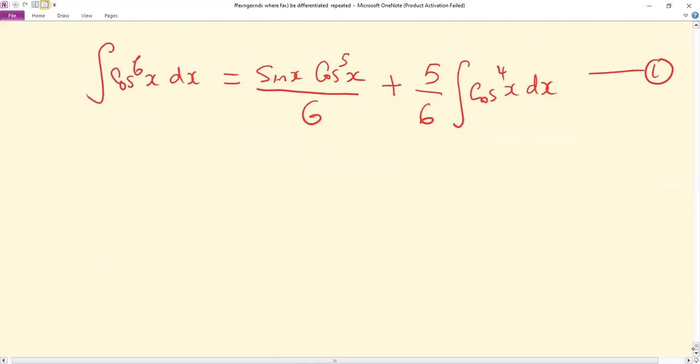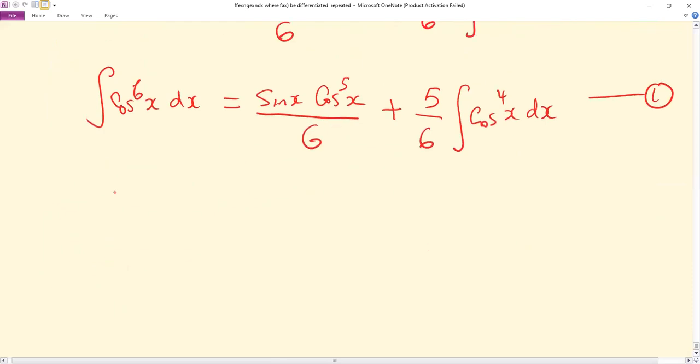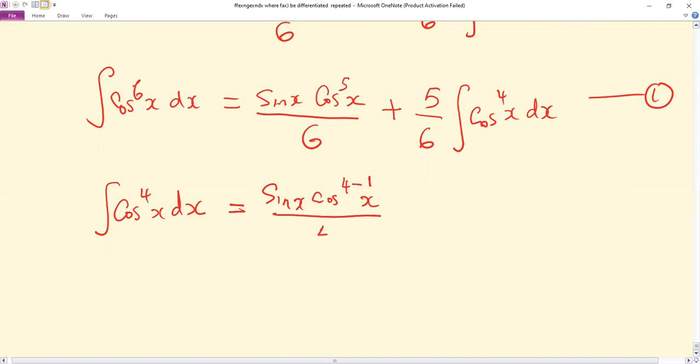We also use the formula to find the value of the integral of cos power 4 x dx. Now this means n is 4, so we'll have sine x cos 4 minus 1 x divided by n, which is 4, plus n minus 1, 4 minus 1, divided by n, which is 4, integral of cos raised to power n minus 2, so 4 minus 2 x dx.